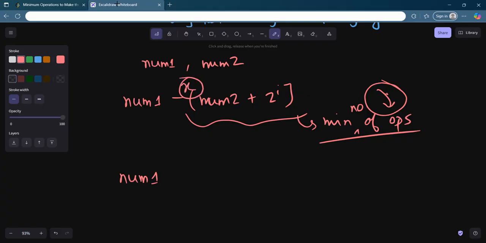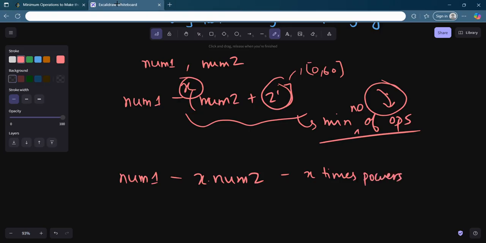In total I used x operations. So this many number of times I will subtract num2. It means that I subtracted x times num2, and x times 2 to the power I, where I was anything from 0 to 60, right? So what this is, is nothing but minus x powers of 2. This is what I subtracted, and I want to make it 0.